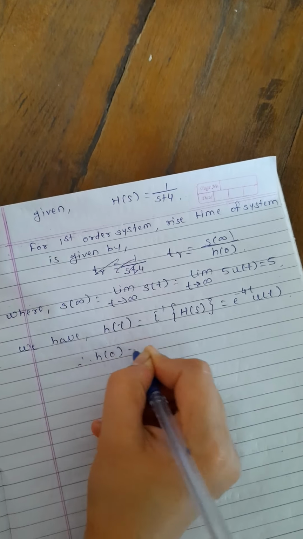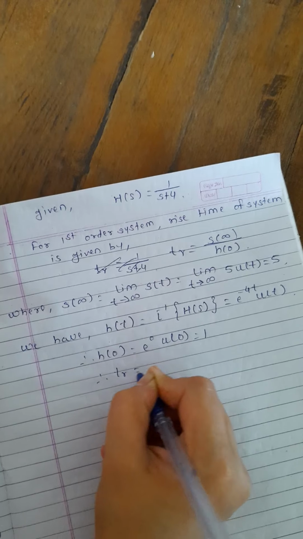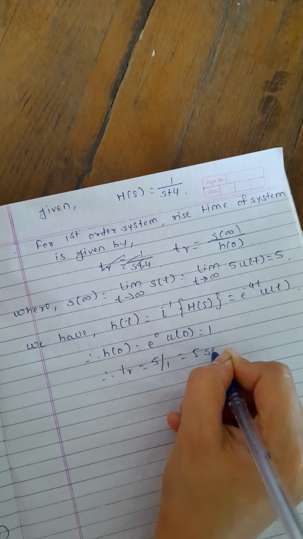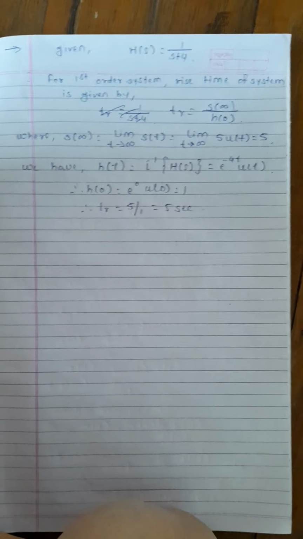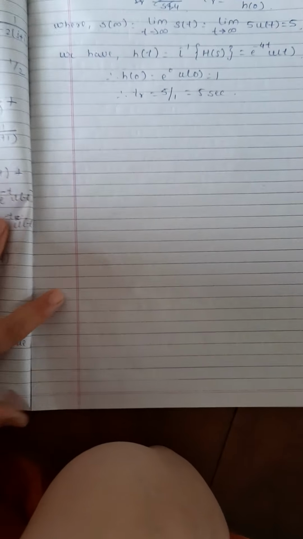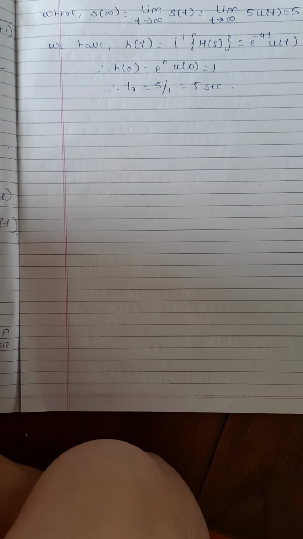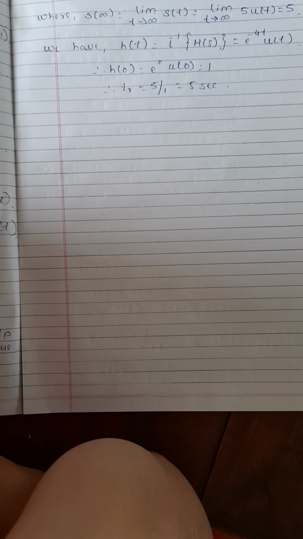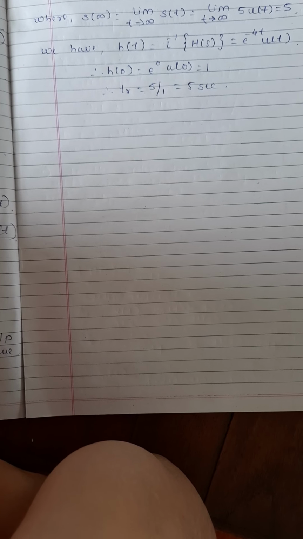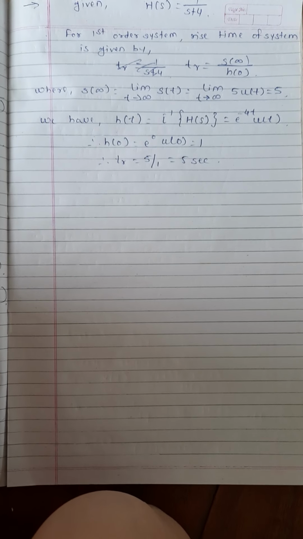Therefore h of 0 is e raised to 0 u(0), it is 1, and tr is 5 u by 1, that is 5 u seconds. This problem was asked for 4 marks in the exam. Now the next problem.